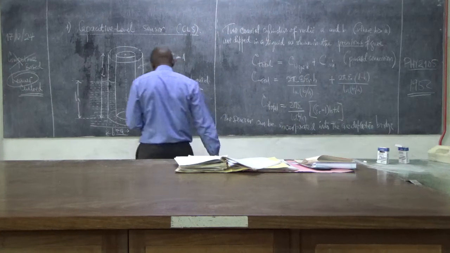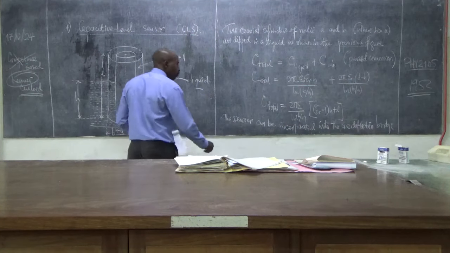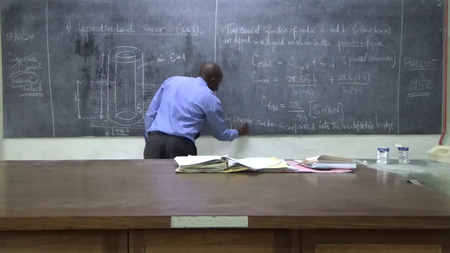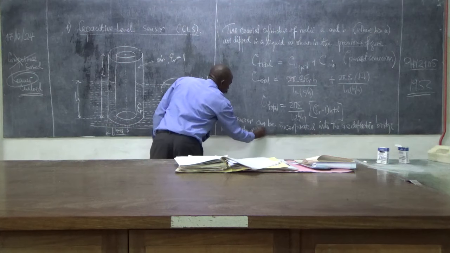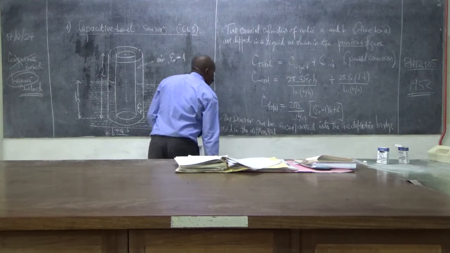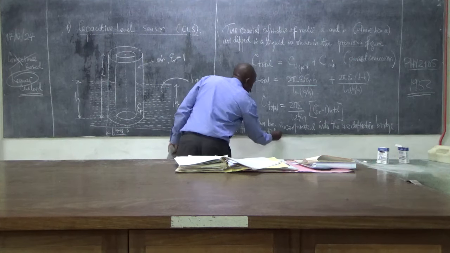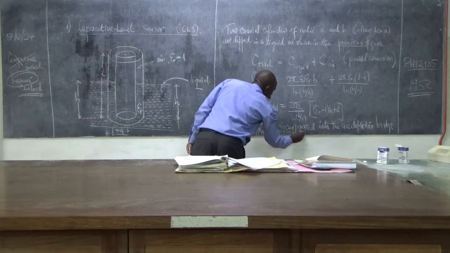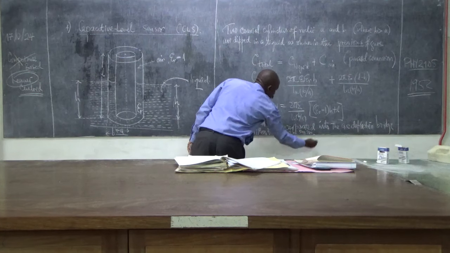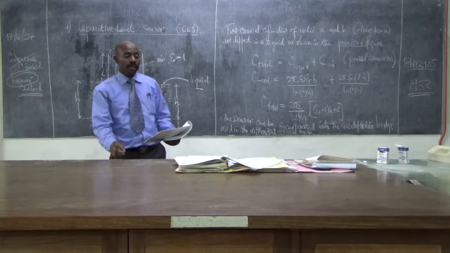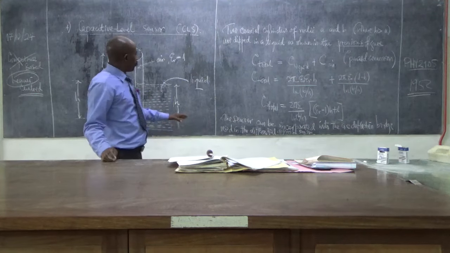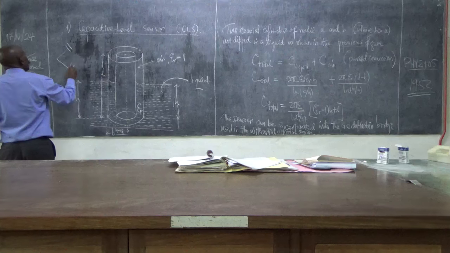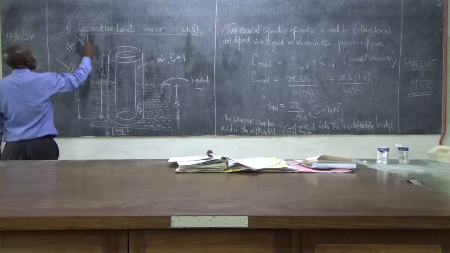The AC deflection bridge used in the differential, used in the previous differential deflection sensor. This is what I was saying, that we can now integrate this into the deflection bridge where we have two capacitors and then the resistors.